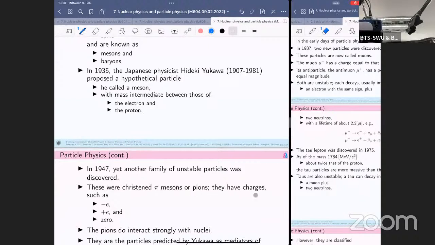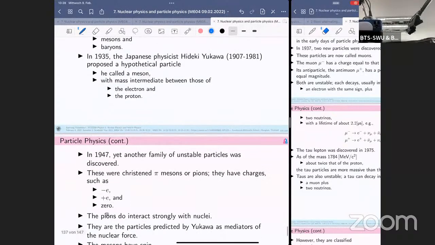They have charges of negative e, negative 1.602 times 10 raised to negative 19 coulomb, and the positive version, of the same quantity, 1.602 times 10 raised to negative 19 coulomb, and the third version, which is called pi zero.